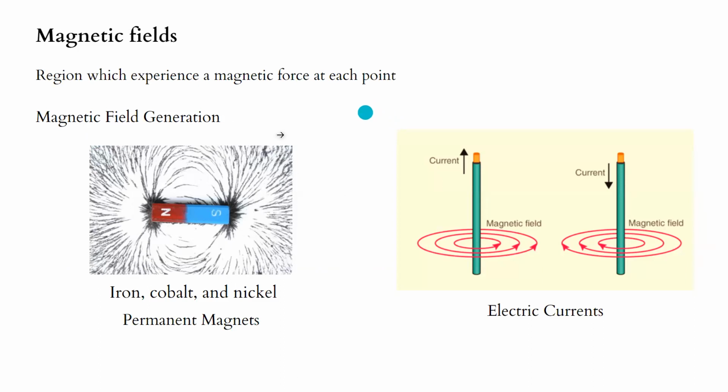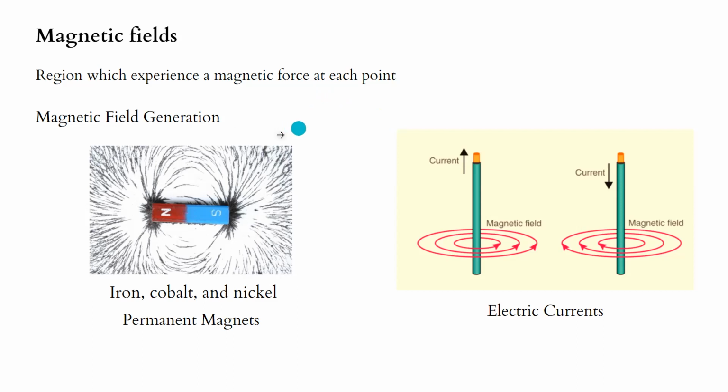We have seen magnetic force in the space due to magnets when we were doing science experiments in our elementary or secondary classes. We were able to see that once we keep a certain magnet in a certain region, that region can experience a magnetic force at each point around that magnet.